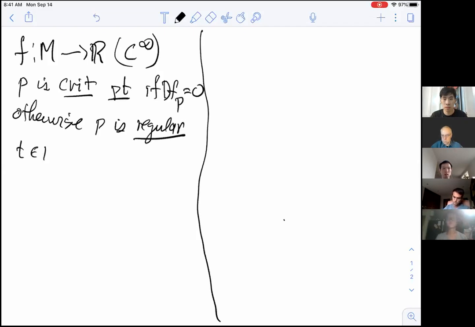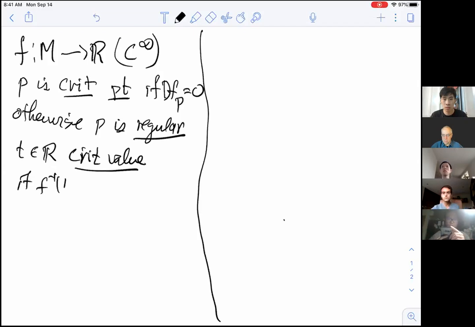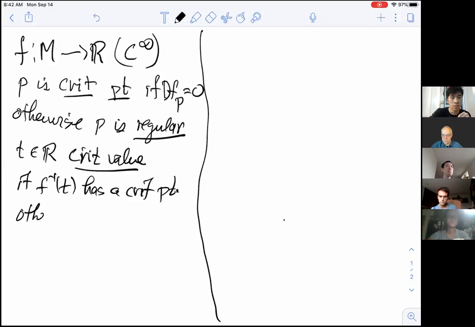A real number is said to be a critical value if its pre-image has a critical point, and otherwise it's said to be regular.